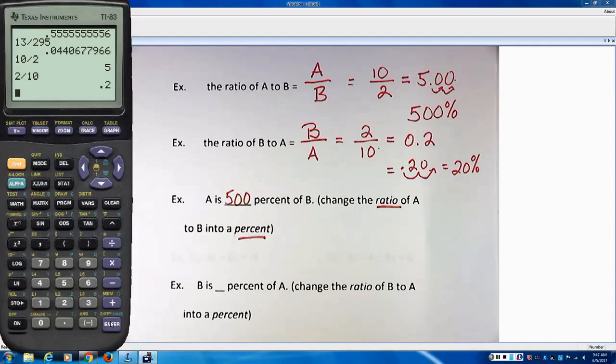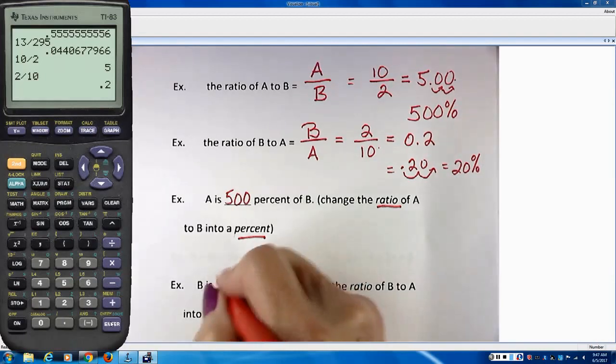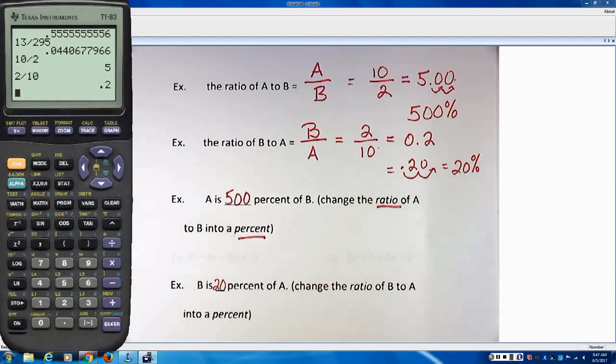A is 500% of B. B, on the other hand, is 20% of A. Because again, you do the ratio B over A, get a decimal and change the decimal to a percent. Okay?